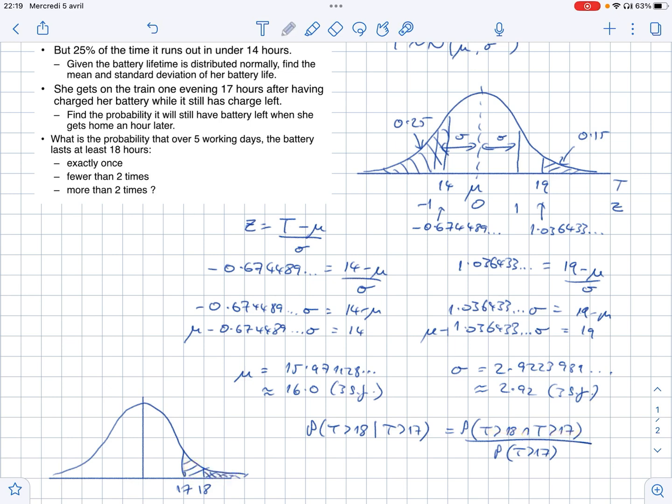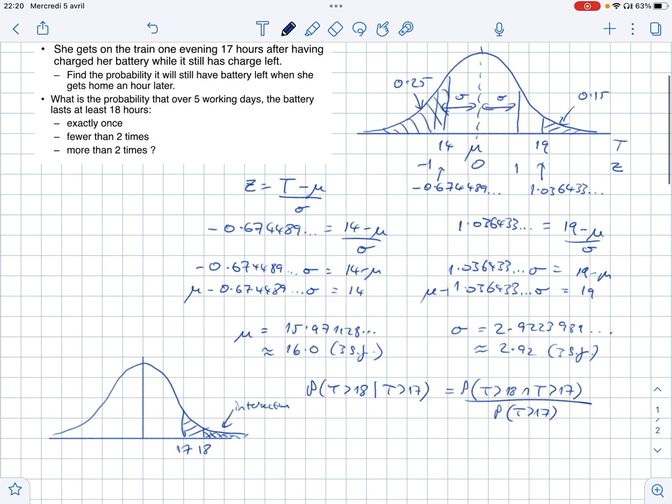That's our intersection, which actually is just the probability it's greater than 18. It's the same thing because it goes on forever that way. So the probability that t is greater than 18 is the same as the intersection, because greater than 18 is the same as the intersection of this and this, divided by the probability that t is greater than 17.